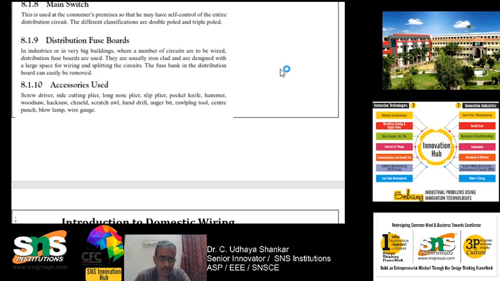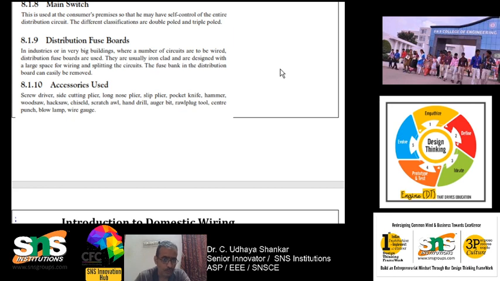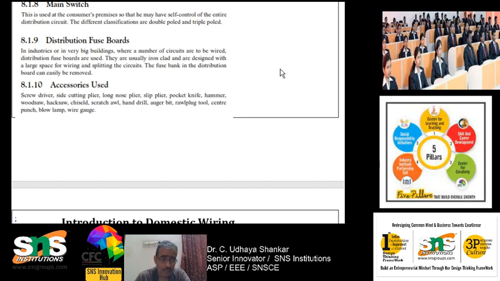What do you mean by plug? These are used for tapping power from power outlets. So this is called a plug. There is also the main switch and the distribution fuse board. These are the different things used in distributing electrical energy to various domestic appliances.